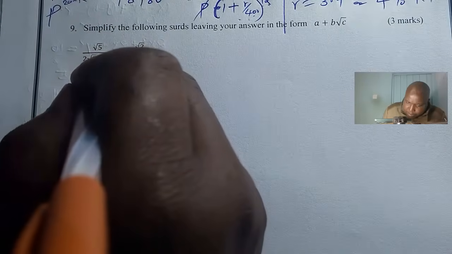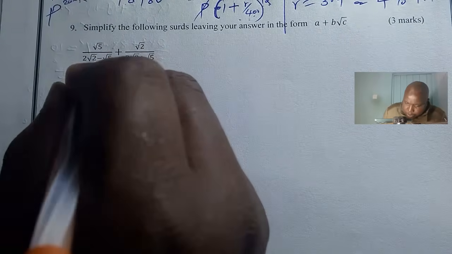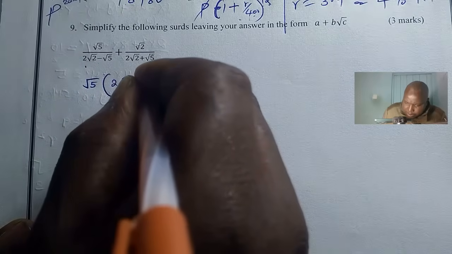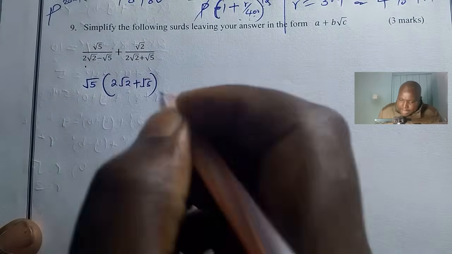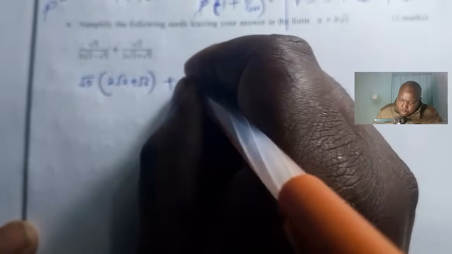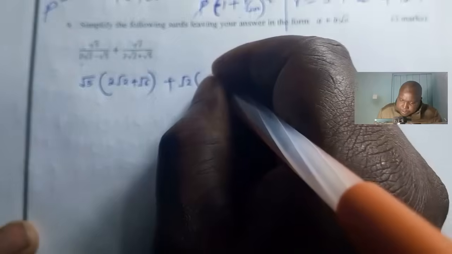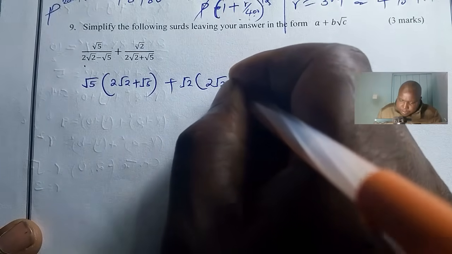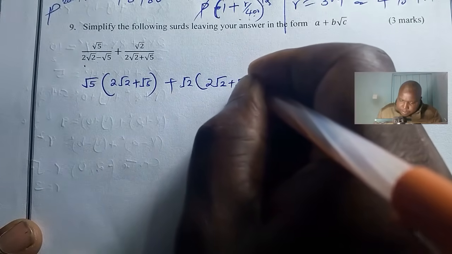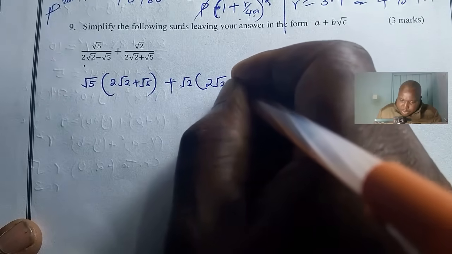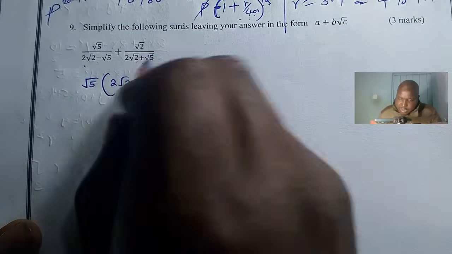The conjugate here is 2 root 2 plus root 5, plus the conjugate here is root 2 into the conjugate for this is 2. Minus, the conjugate is minus because this is positive.